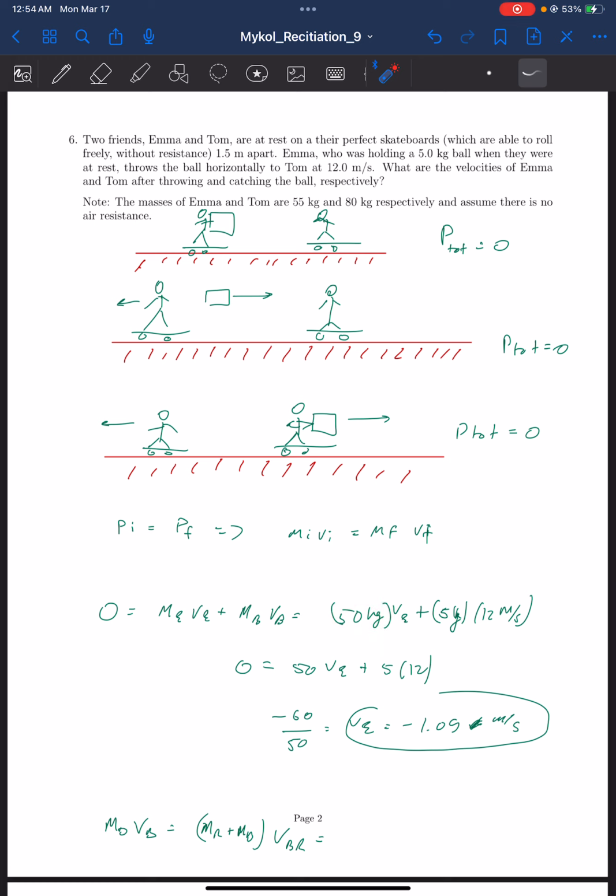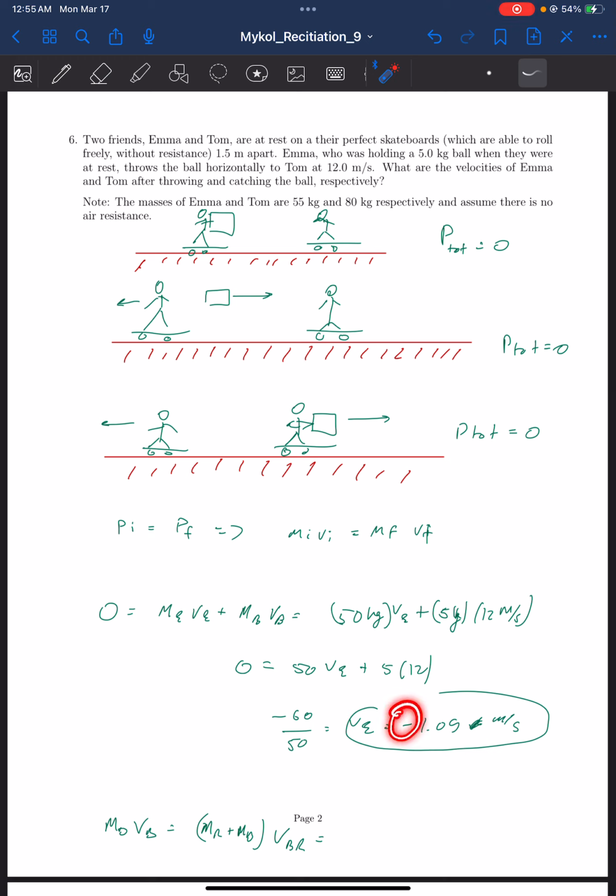We do know the mass of the ball at 5, and we do know the velocity of the ball at 12 meters per second. Plugging all those numbers in, we have 0 is equal to 50 VE plus 5 times 12, which then means that VE is equal to negative 60 over 50, and it's equal to negative 1.09 meters per second.